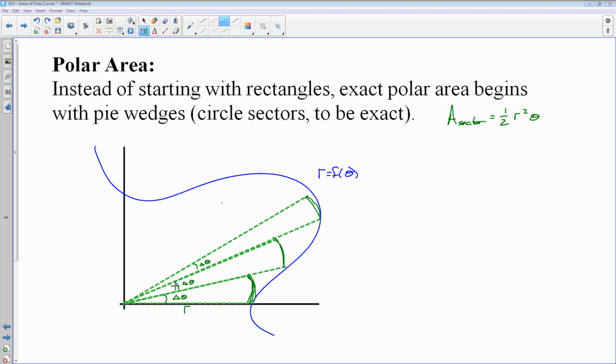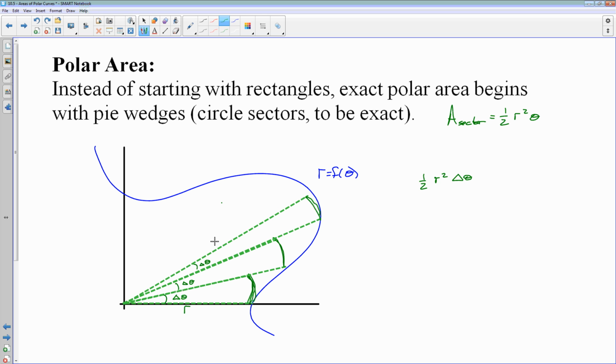So we need to find the area of one of these sectors. The radius of all of these sectors is simply r, so it's going to be 1/2 r squared, and the angle theta is whatever the change in theta is that we choose. So the area of one sector is 1/2 r squared d theta.